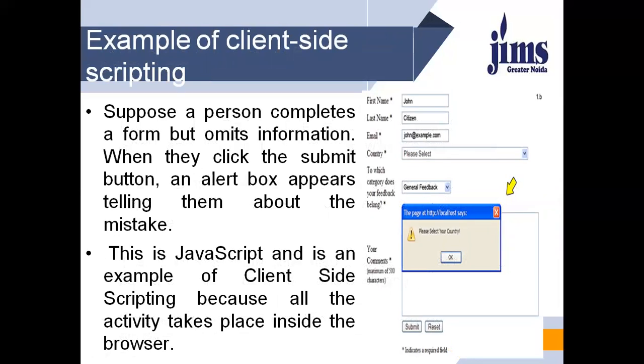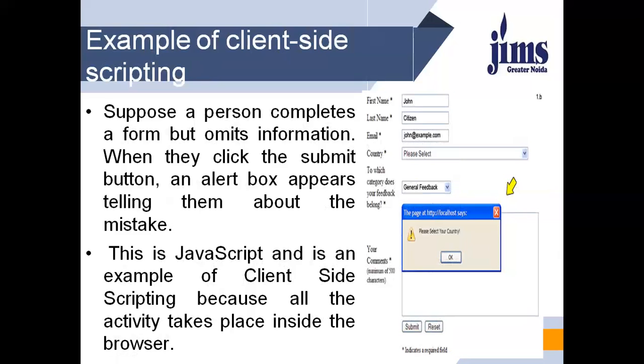Example of client-side scripting. Suppose a person completes a form but omits information. When they click the submit button, an alert box appears telling them about the mistake. You see this form here. The user has entered the first name, last name, and mail ID, but the country option is mandatory and the user has not selected it.